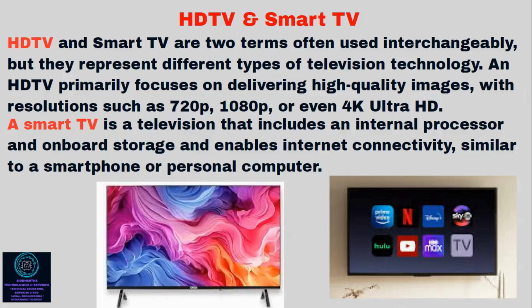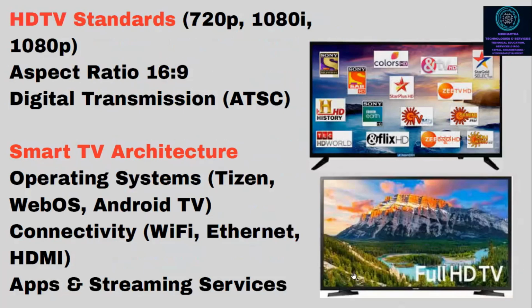The channels have their own applications, and we can run those applications in the smart TV. The size and quality differ, but nowadays you get both things together. So this is about HD and smart TV.